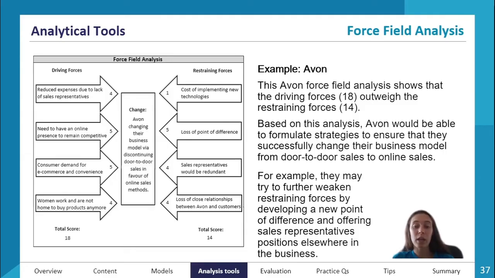They could try to weaken restraining forces, for example, by developing a new point of difference and offering sales representatives positions elsewhere in the business as well. So those driving forces in this case are already outweighing the restraining forces, but that doesn't mean that you can just rest on your laurels. You still want to make sure that you're addressing potential problems, and that means addressing those restraining forces that have been identified too.